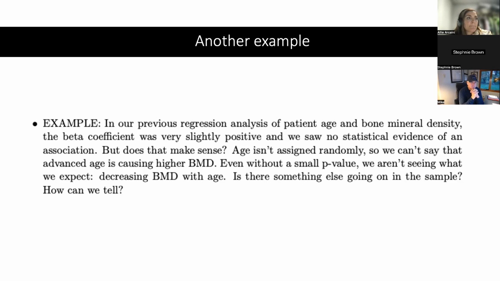So this is a common situation where we've got a weird effect. Something's happening in our data that we wouldn't expect. The physical processes that we're looking at would suggest a negative relationship. We're not seeing that, so maybe there's something going on in our sample.